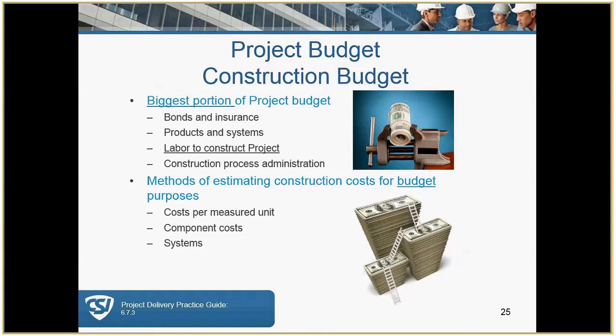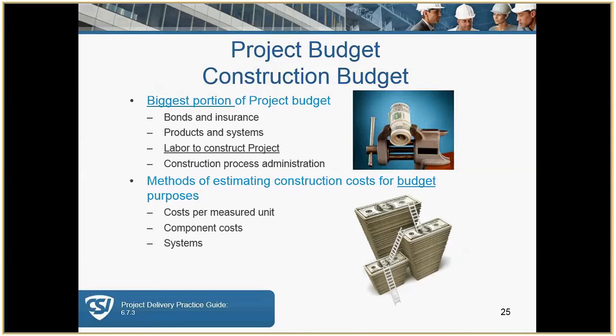So we're going to talk about the difference between a project budget and a construction budget. The way I view CSI and CDT is very language intensive, so pay attention to the language. It's a project budget versus a construction budget.